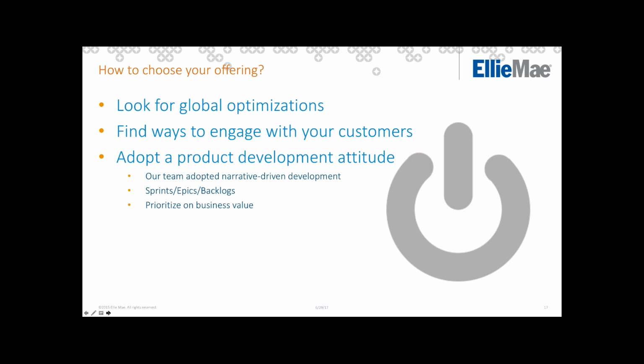And then last slide, and this is really thinking outside the box: how do you choose what to do? Really, we operate as an internal team. We're not focused on our customers directly, but we do run an internal product development type attitude.